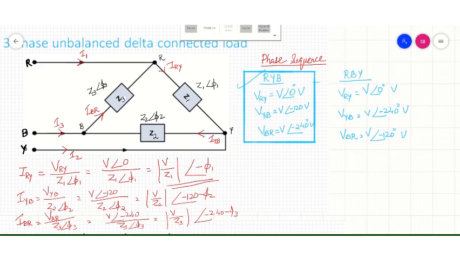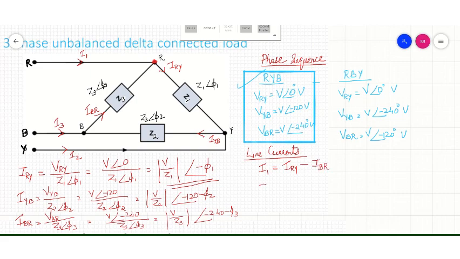Now we have to write the equations for the line currents. The line currents are I1, I2 and I3. So let's consider I1. If we apply Kirchhoff's current law to the node R, we can write the expression for I1 as I1 equal to IRY minus IBR.